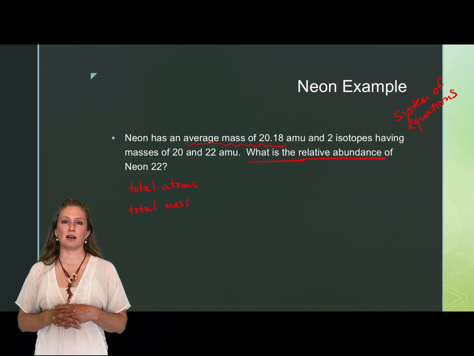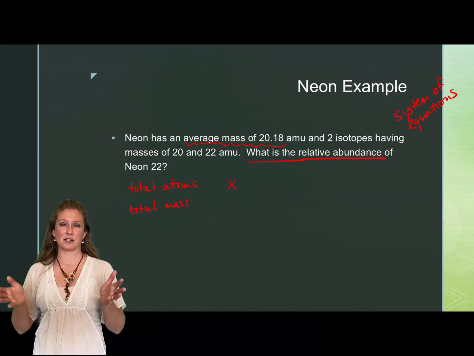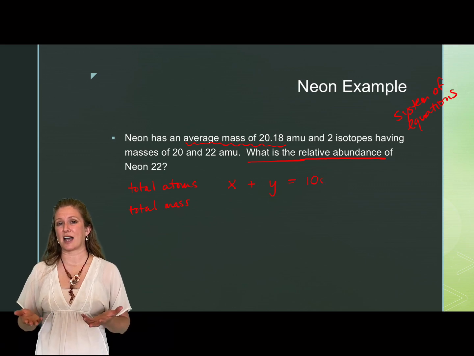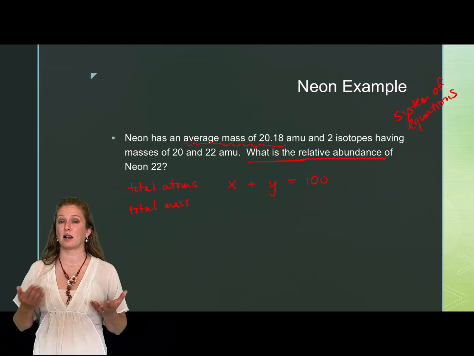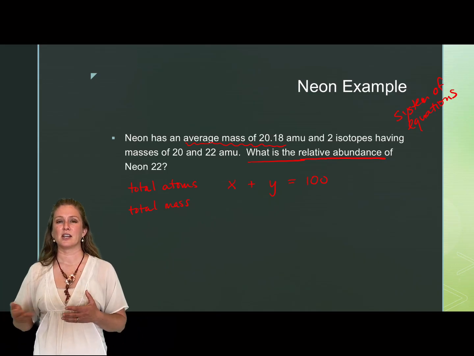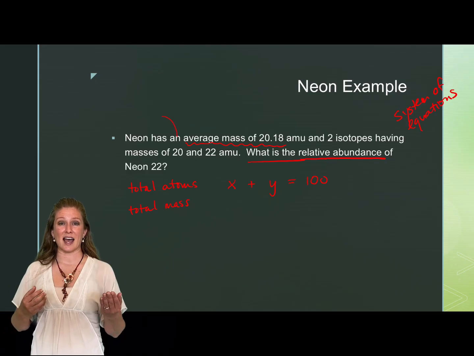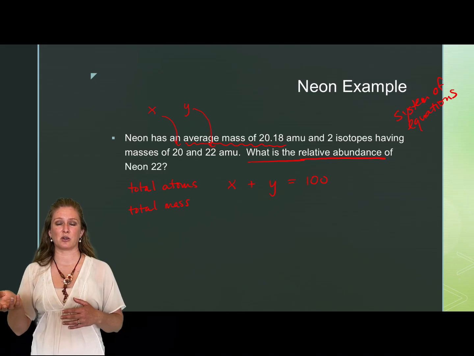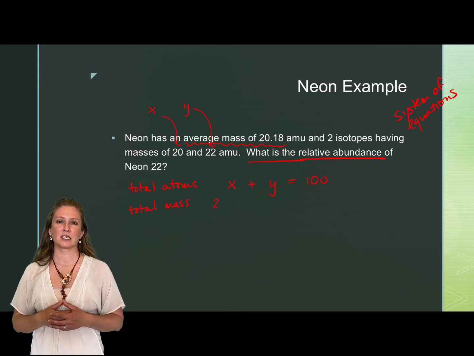And we arbitrarily set the total number of atoms that we want to talk about at 100, because then when we finish this calculation, each of our calculated values will be the percent abundance out of 100. So our first statement is going to be x plus y equals 100. That's x atoms of one isotope and y atoms of another isotope adding up to 100 atoms altogether.